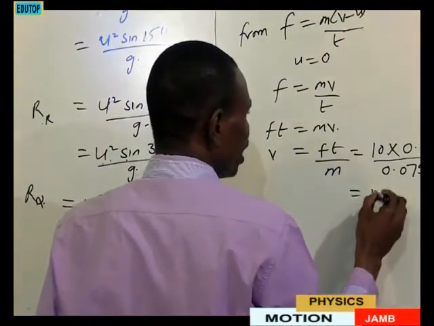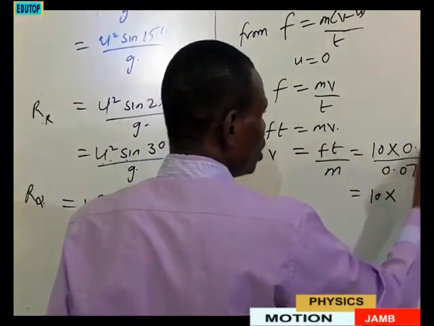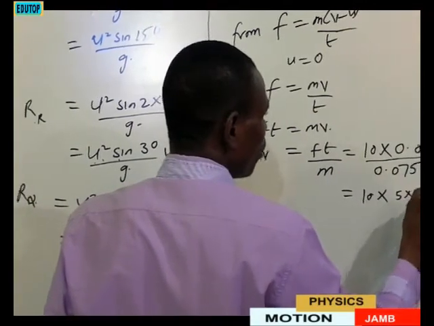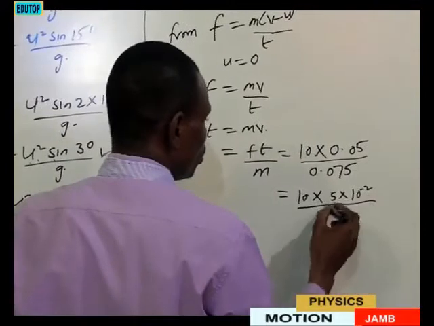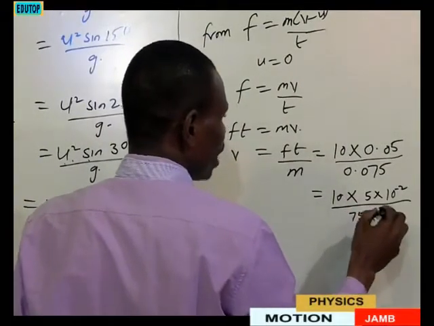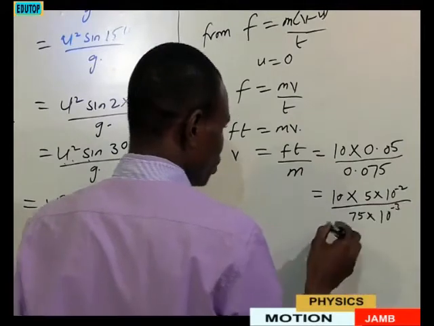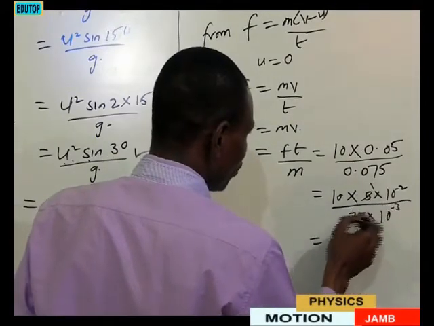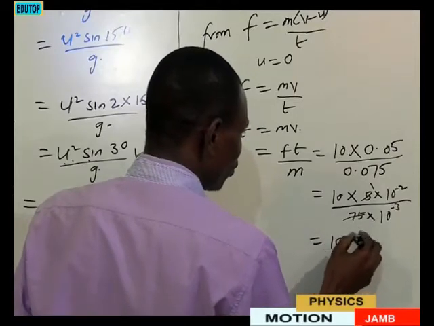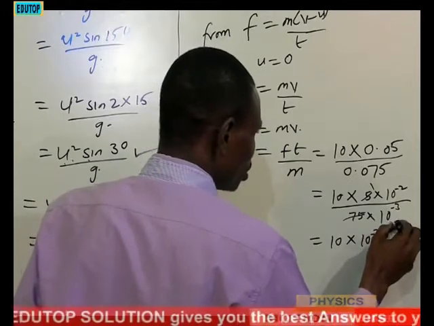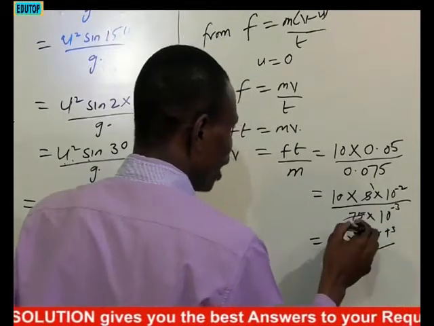In this case, we have 10 times 5 times 10 raised to power minus 2, then this one is 75 times 10 raised to power minus 3, which is equal to 5 here, 1, 5 is 75. We are still going to have 10 raised to power minus 2, then plus 3, all divided by.